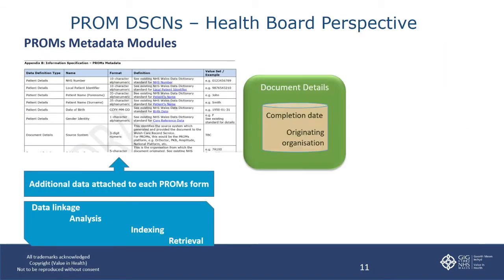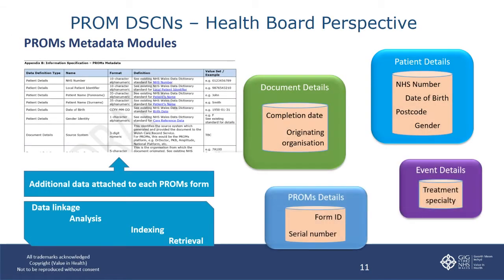So one of the additional key DSCN documents is the metadata information specification. The components of the metadata comprise key sets of data as shown on the right. So they're the document details, the patient details, the PROM details, and the event details. There's a whole range of different key elements here.